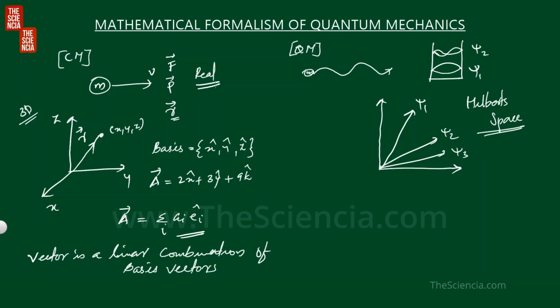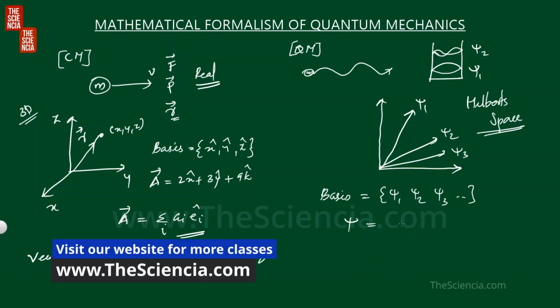Similar to real space, we use Hilbert space in quantum mechanics to represent the particle. So the basis in the Hilbert space will be psi1, psi2, psi3, etc. That is, the general wave function is a linear combination of different wave functions, that is c_i psi_i.